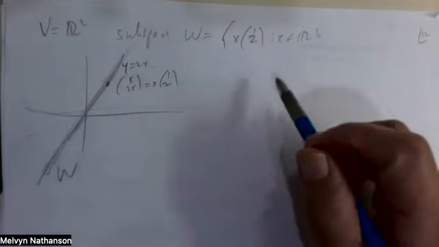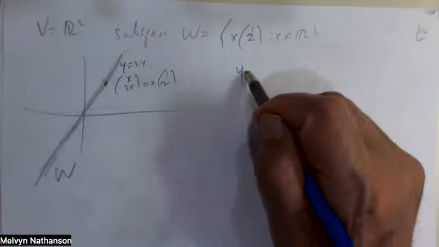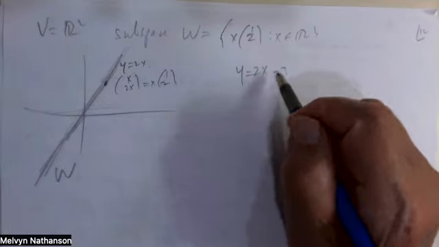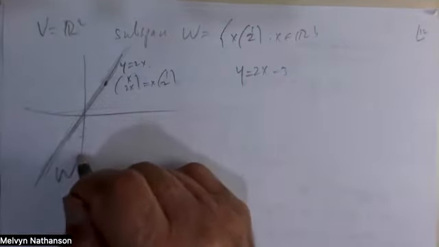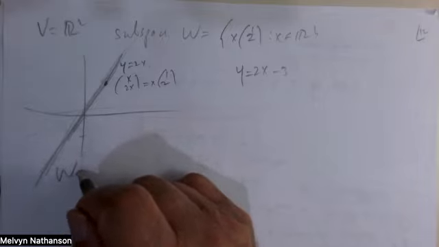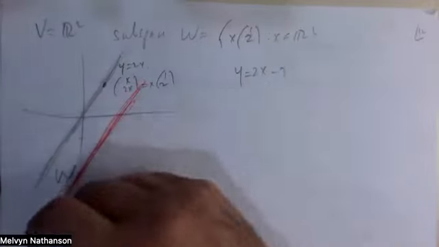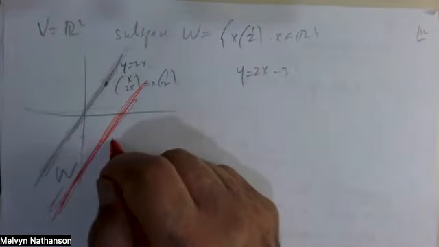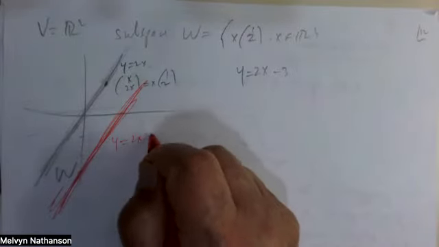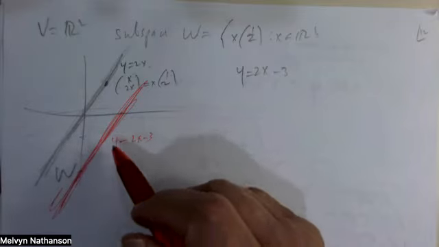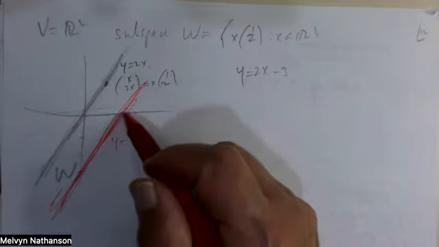Suppose I take the line y equals 2x minus 3. That's the line whose y-intercept is -3 and has slope 2. These two lines are parallel, but it doesn't go through the origin.